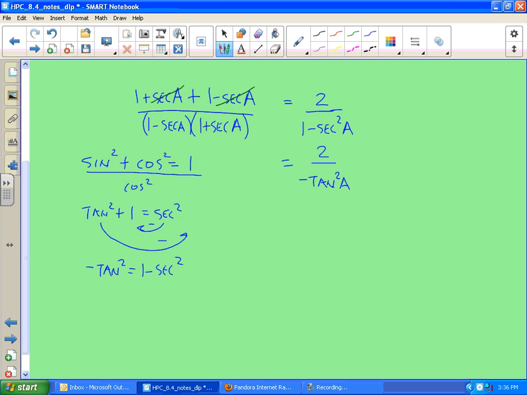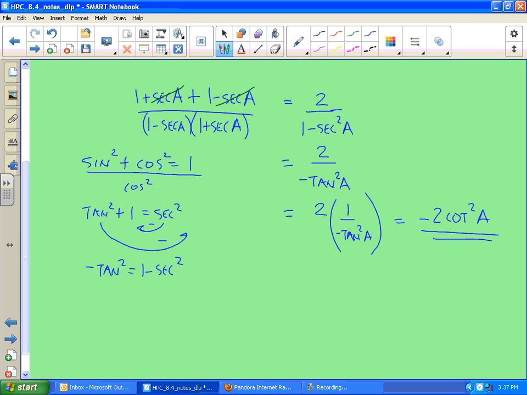But wait, a negative 1 over tan squared is the same thing as a negative cotangent squared. So really what I have is this: 2 times a 1 over negative tan squared. And a 1 over tan is a cotangent, and here's our final proof, a negative 2 cotangent squared alpha.